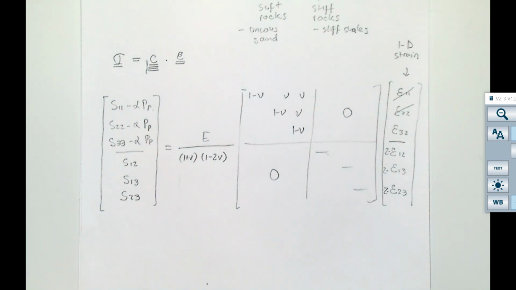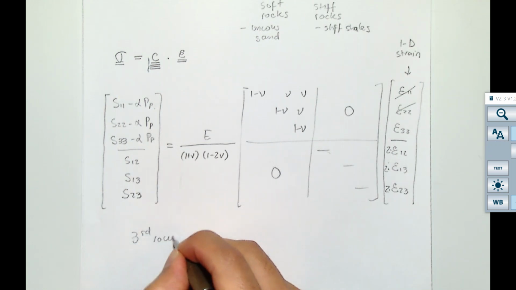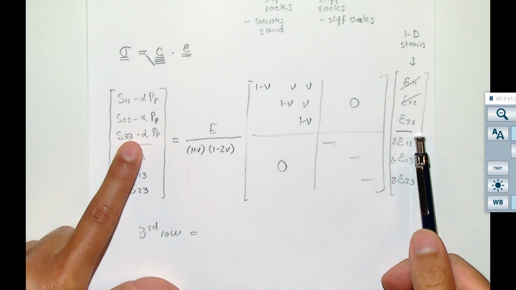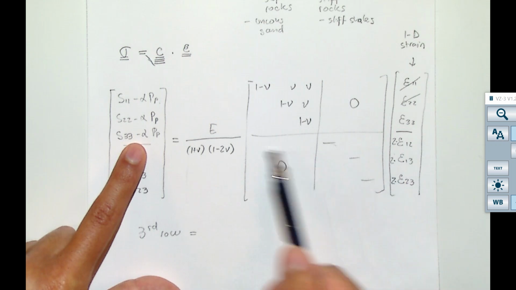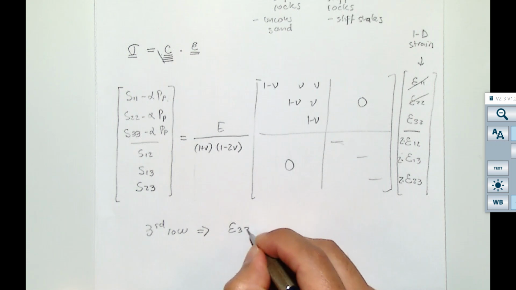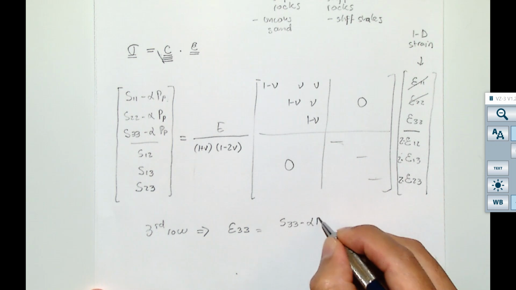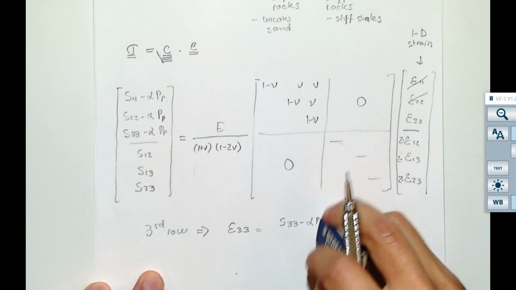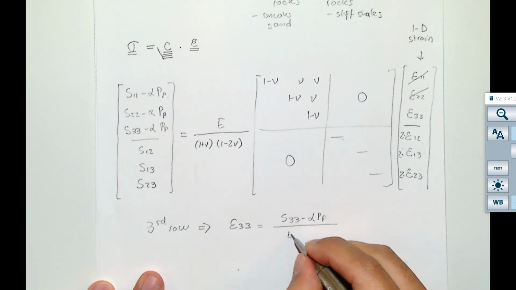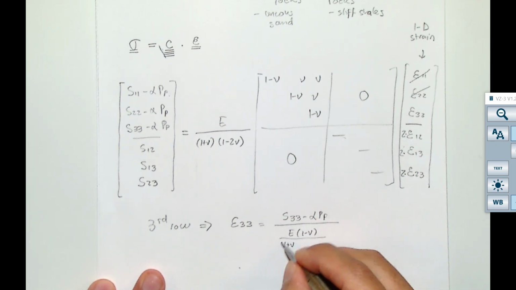What you're going to see is that the third row basically tells you this. Strain is equal to this thing divided by all of that, right? So strain, and that's what we were looking for, is effective stress divided by this stiffness value.